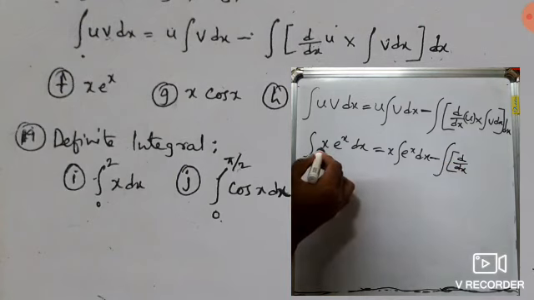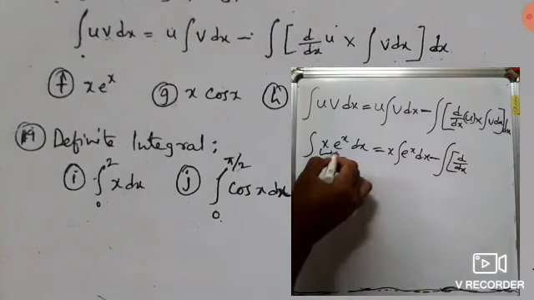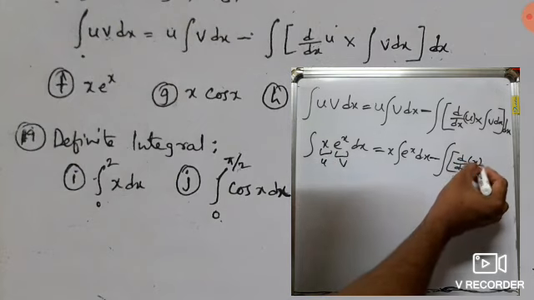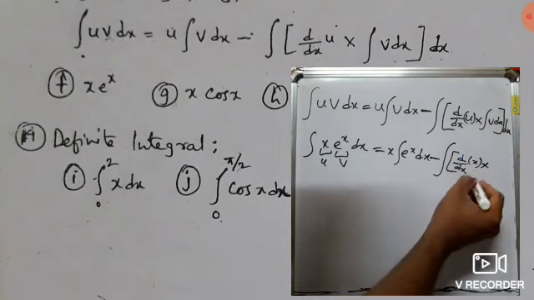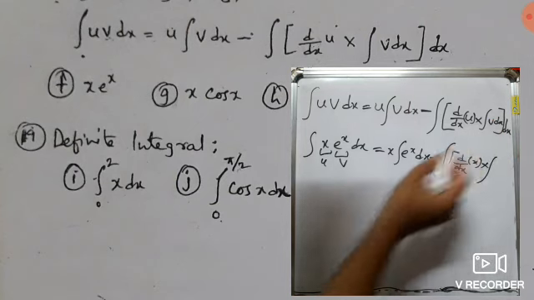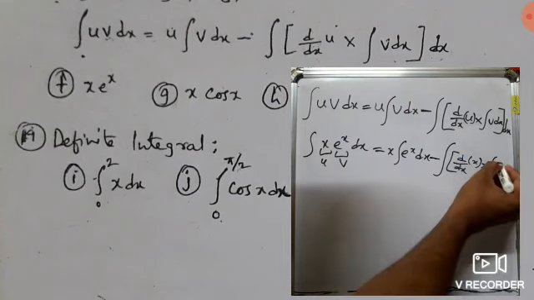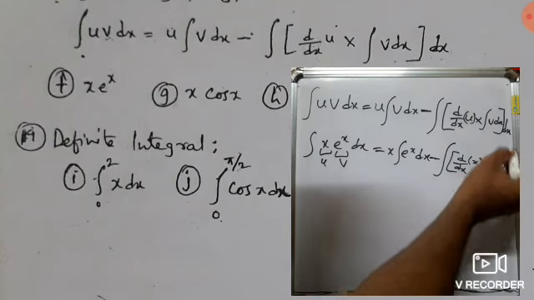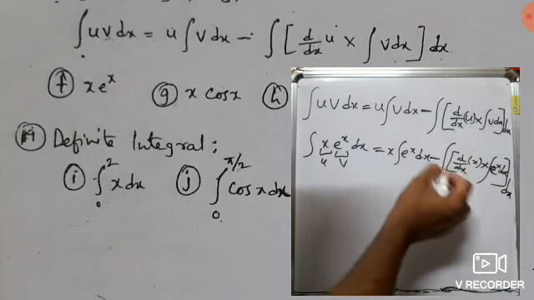U is actually x here and it is v. So d/dx of x into integration of v dx. V means e^x dx, and integration of the whole term.